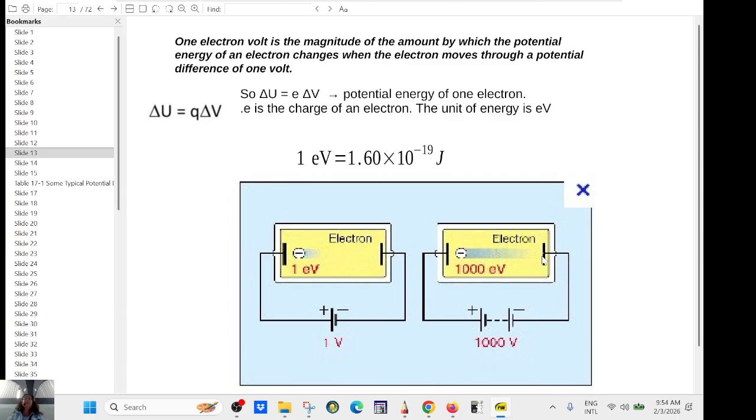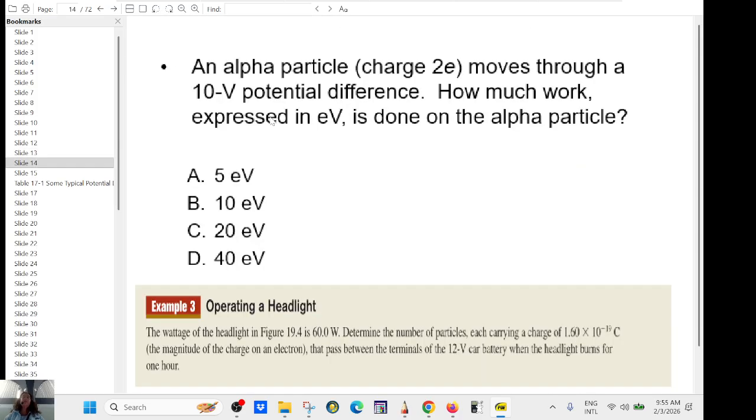Or, if it's easier, say current goes from plus to minus, even though it doesn't. Each coulomb of charge will have an energy of 1000 joules relative to the negative terminal, which is like the ground. That's how we define the unit eV.